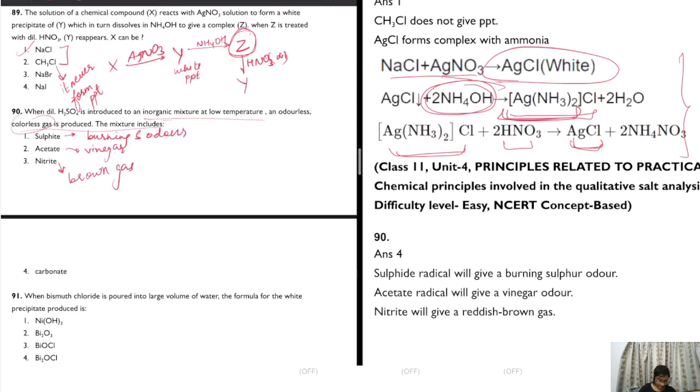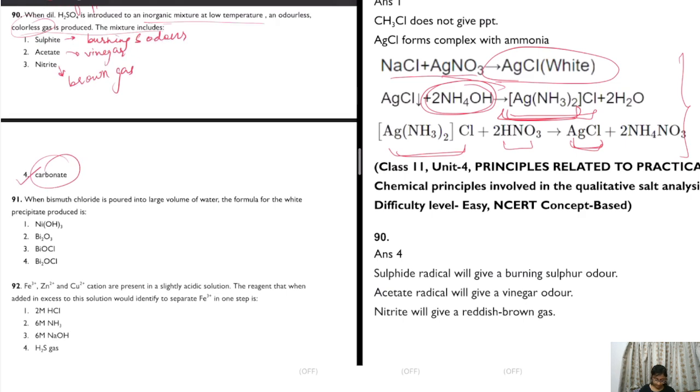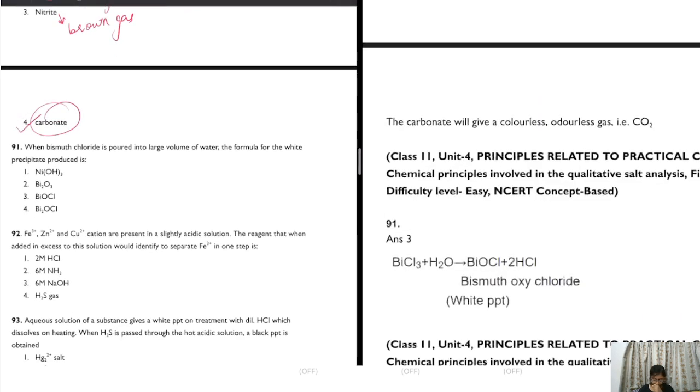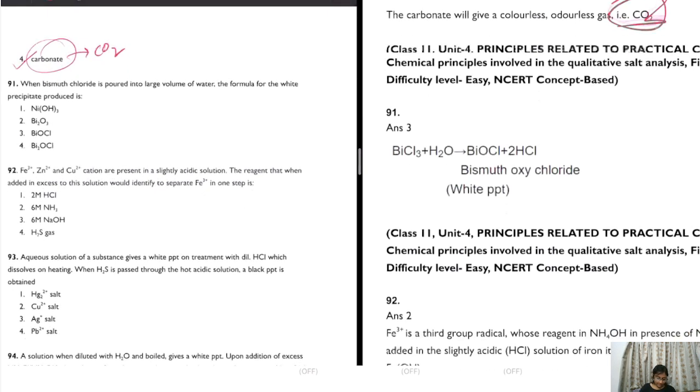But we have been given colorless, and this is odorless and colorless, so the answer would be carbonate. It will give CO2 as written here. Now let's see the next question.